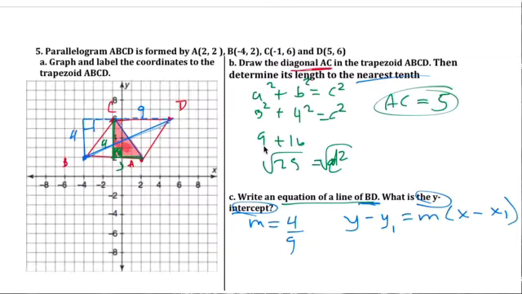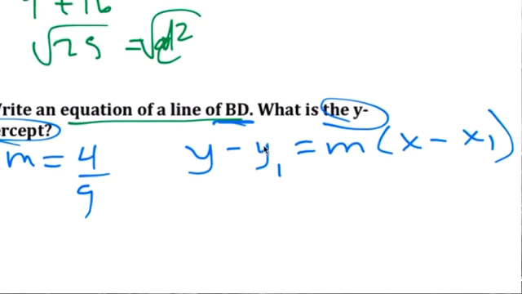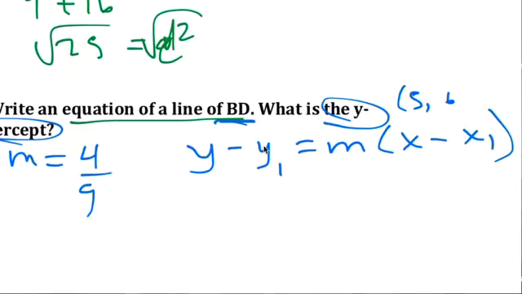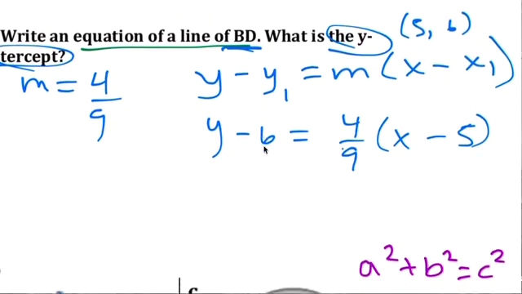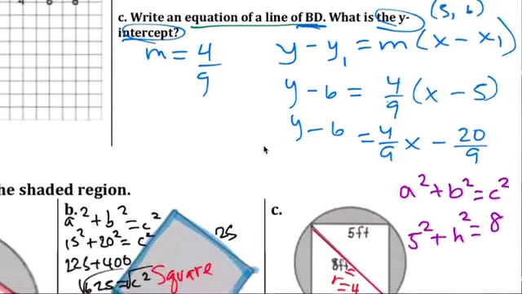Both of them are bad, so I'll use the positive one, D, (5, 6). So y minus 6 equals 4 over 9 times (x minus 5). So y minus 6 equals 4 over 9 x minus 20 over 9, right?